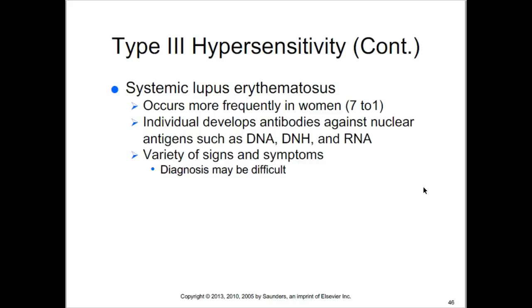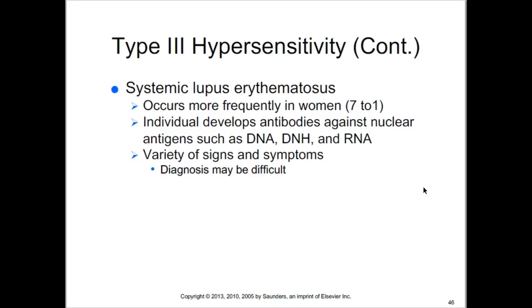And again, I mentioned lupus, systemic lupus erythematosus. Much more common in women than in men. And basically is when we develop antibodies against nuclear antigens, such as DNA, DNH, and RNA.